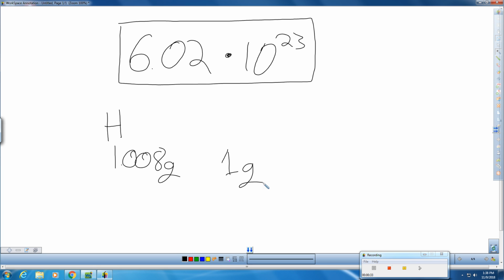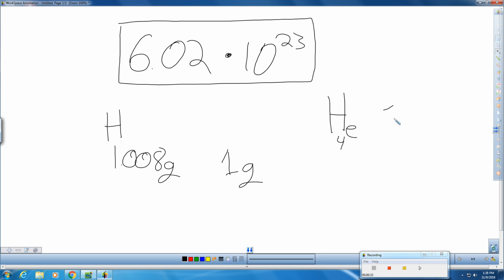Let's do helium. Let's assume it's just the normal weight of helium, and we're not dealing with isotopes here. What would the atomic weight of helium be? Helium is going to have an atomic weight of 4, right? 2 protons, 2 neutrons, so that's roughly 4.